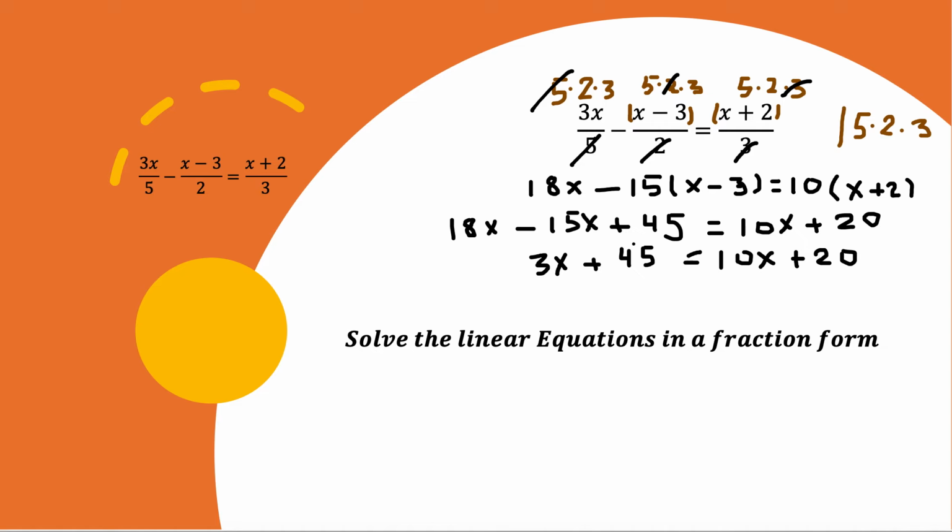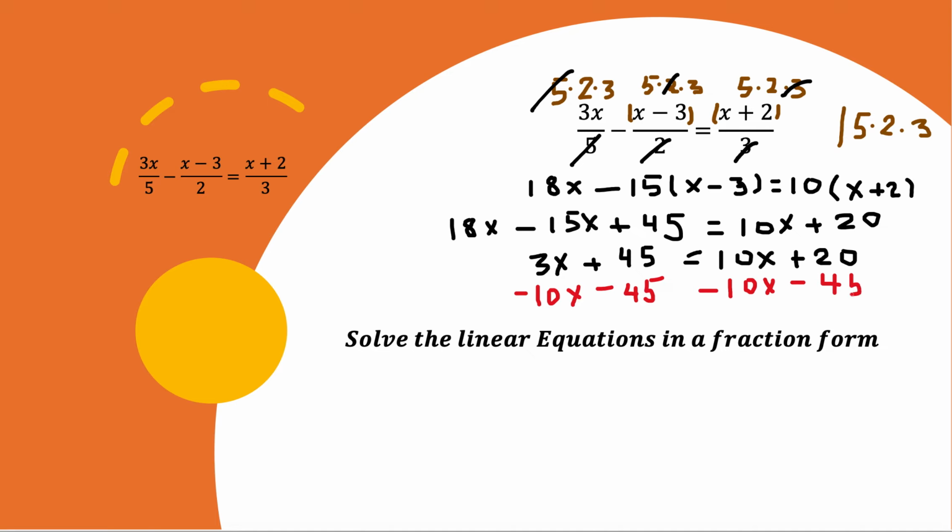And now I want numbers on one side and variables on the other. So I'm going to subtract 10x from this side, because I want the variable on the other side. So on both sides I'm going to subtract 10x. And this number I want to put on the other side, so I'm going to add the opposite sign, minus 45, and here is minus 45.